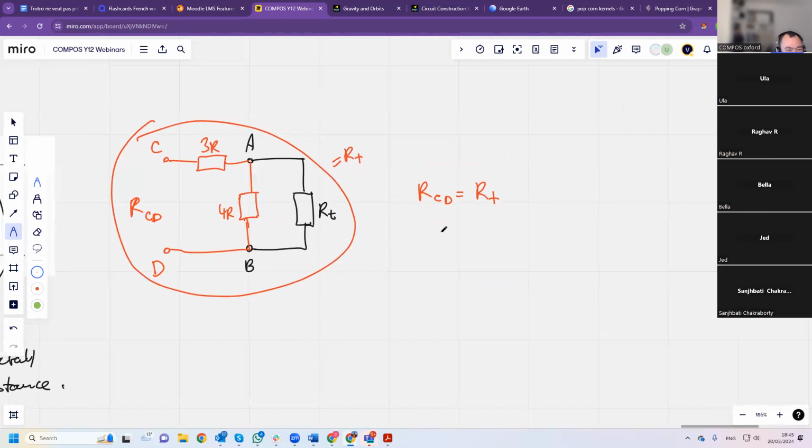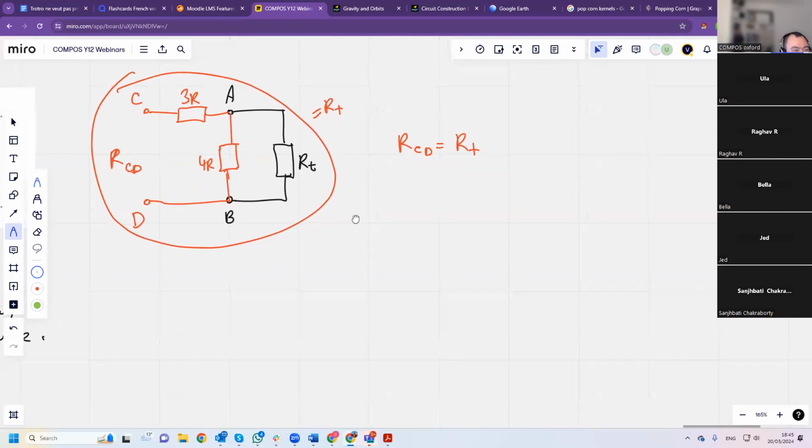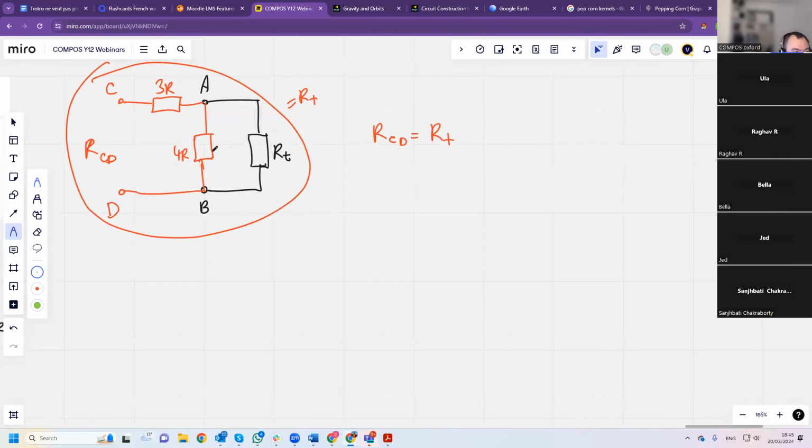Okay, so RCD is RT. So now, what's the total resistance? So resistance between CD. Well, you can see that it has a combination of these two. So these two resistors in parallel. So we're going to use that formula, R1 R2 divided by R1 plus R2.